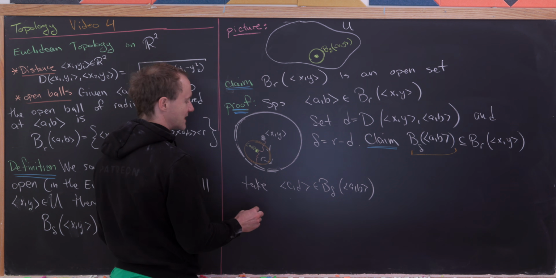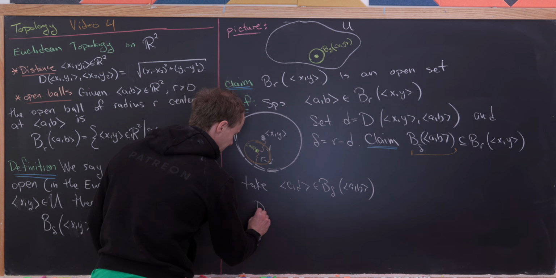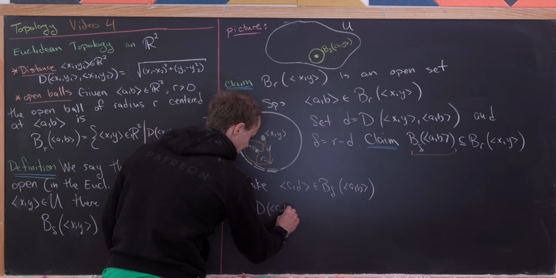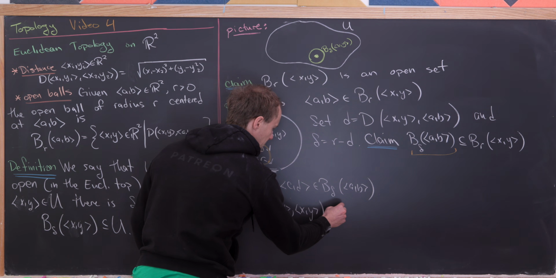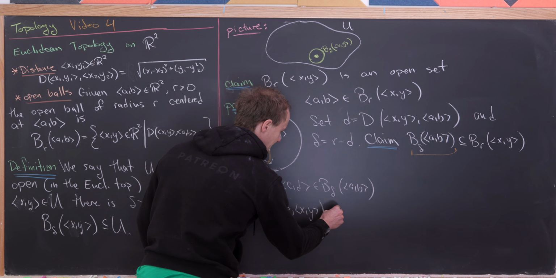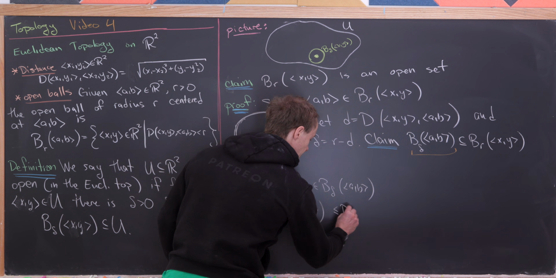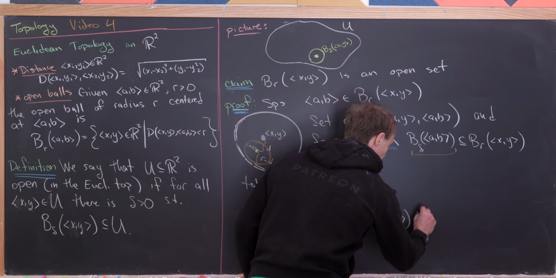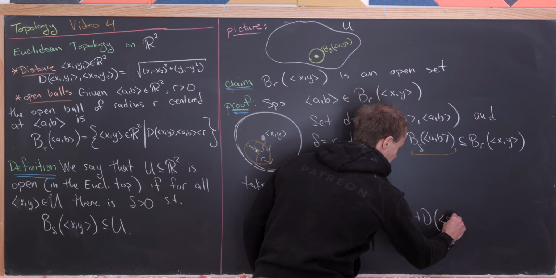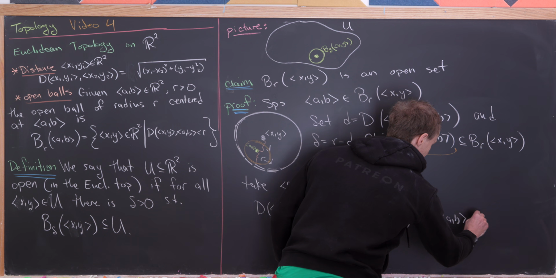So let's calculate that distance. So the distance from (c, d) to (x, y), well, let's observe that that's going to be less than or equal to the distance from (c, d) to (a, b) plus the distance from (a, b) to (x, y).